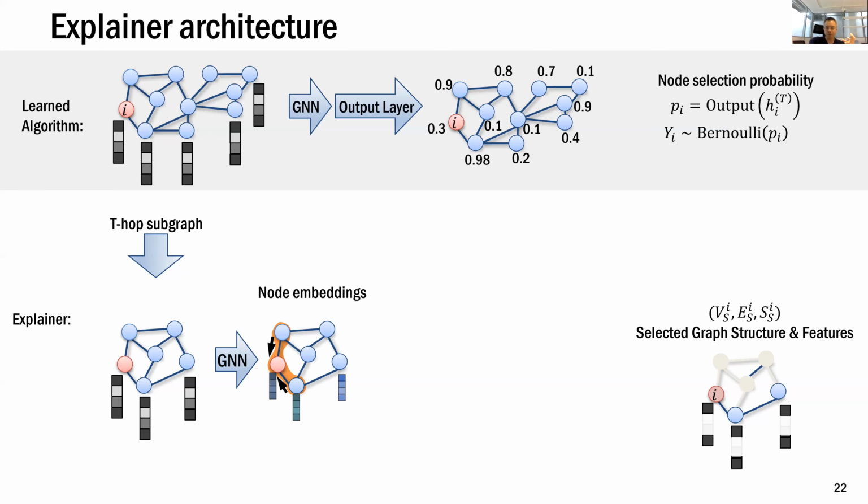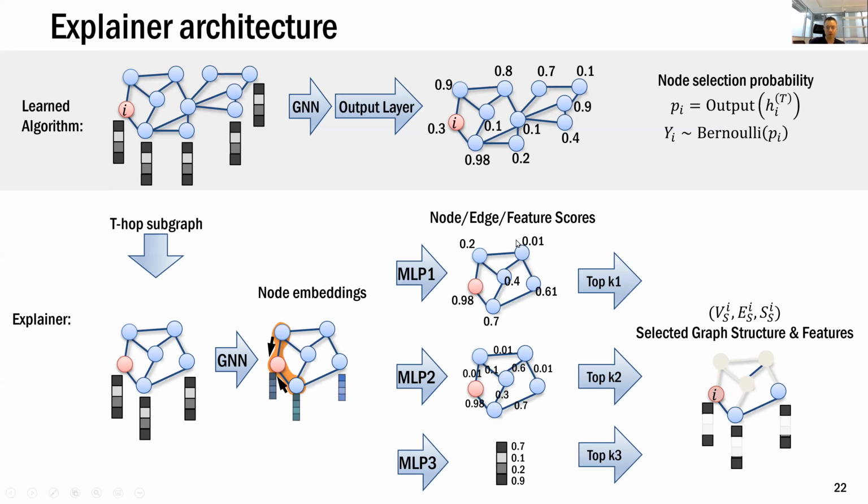And this graph neural net is going to define the probability for, for instance, selecting a particular node as the explainer, okay? Or selecting a particular set of edges as the explainer, or selecting a particular set of features as the explainer. And then you're going to choose the top K of these explainer outputs and use them as the explanation for the graph neural decision made in this learned algorithm.